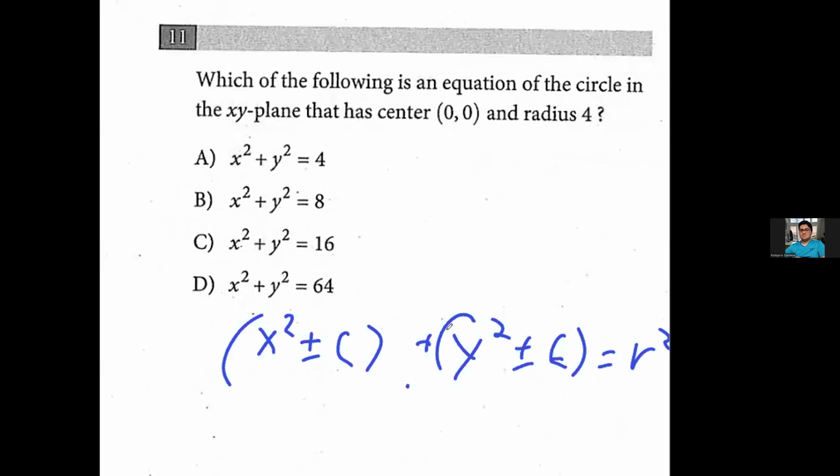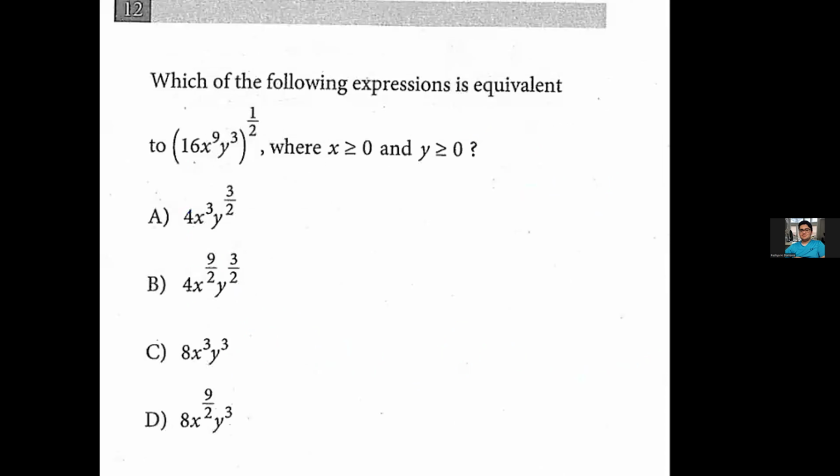In this case, we know that the center is 0, 0, so the constants are 0, and then the radius of 4, well, for the formula, it would just be the radius squared, so that would just be 4 squared, which is 16. So the correct answer is answer C. You could also put this into your calculator, but it's a bit slower. Question 12.